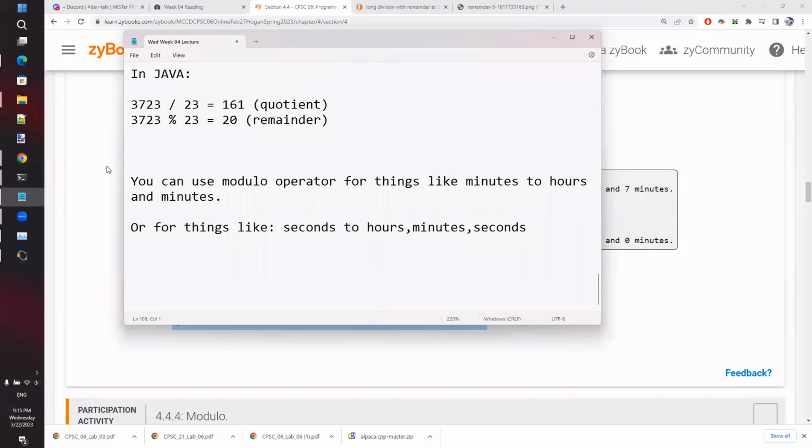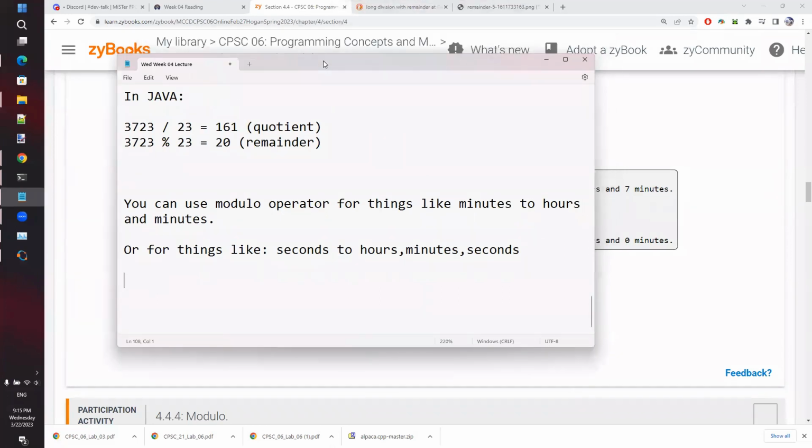So I'm going to give you an example. It's the same example that's behind here, but I want to just explain one. So let's say we have 555 minutes, right?